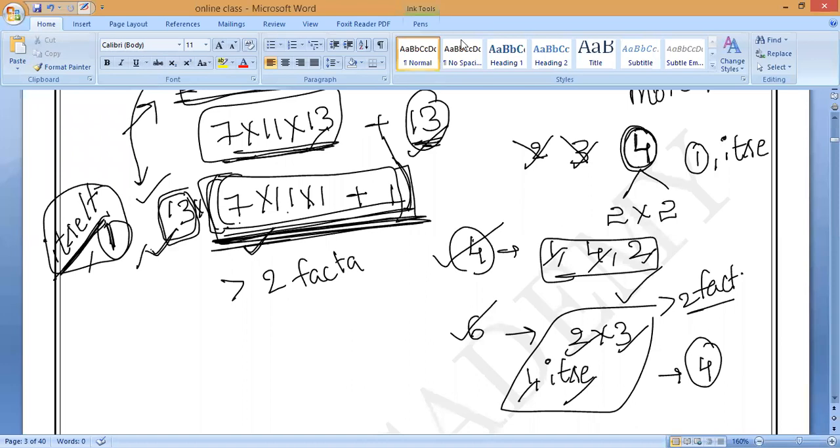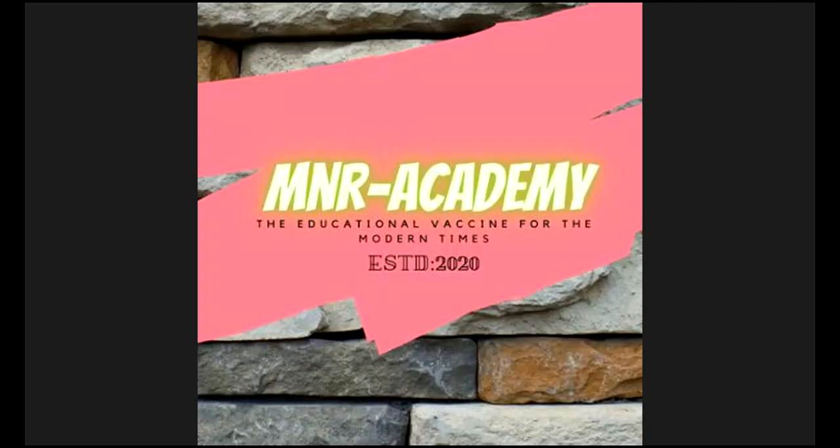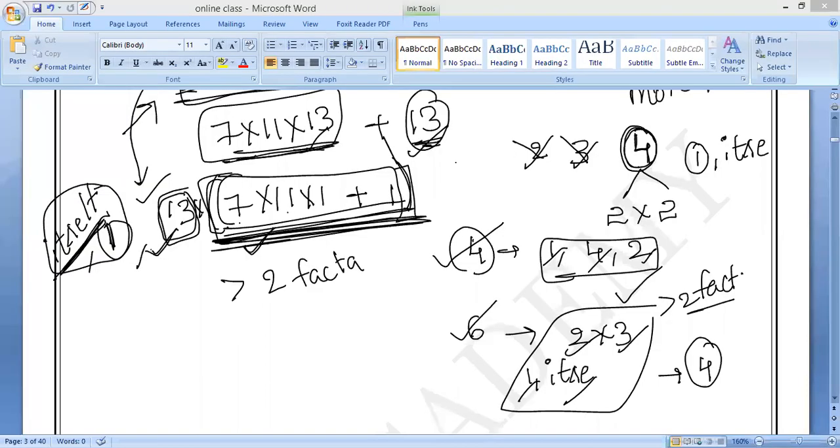And given another number, correct? What is that number? In the question, another number is given.